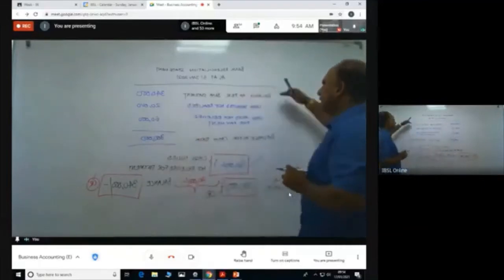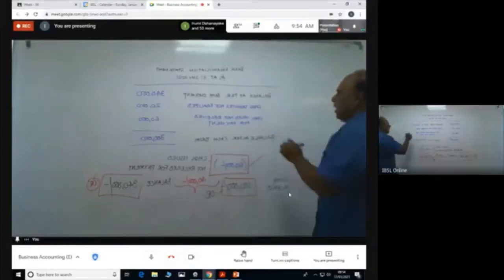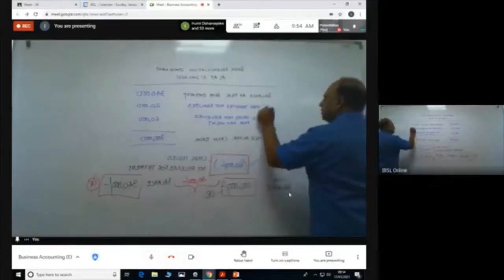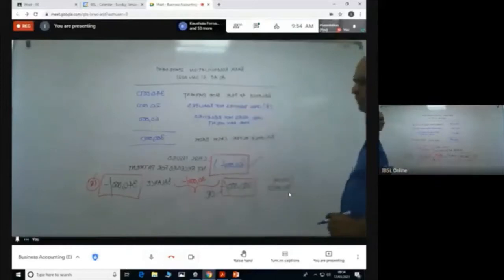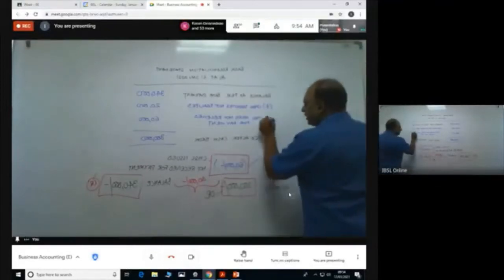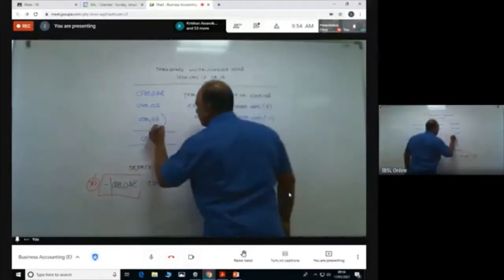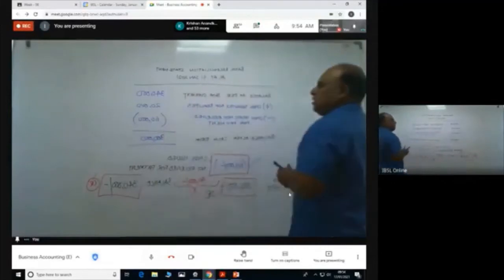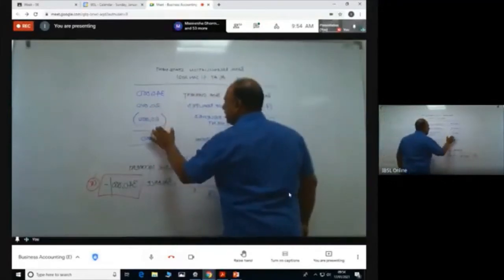If I am starting with the bank statement, what do I do? I will add checks deposited not realized and I will deduct the checks issued not received for payment. So what does it mean? 340 plus 20, 360 minus 60.